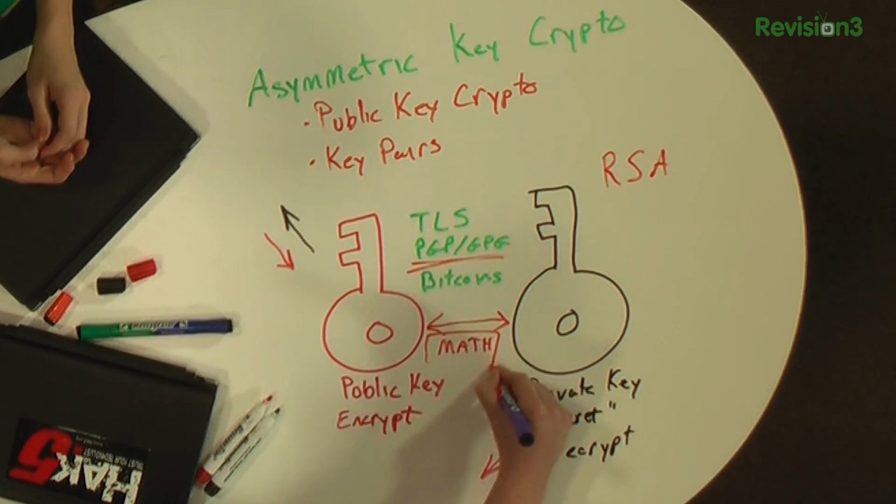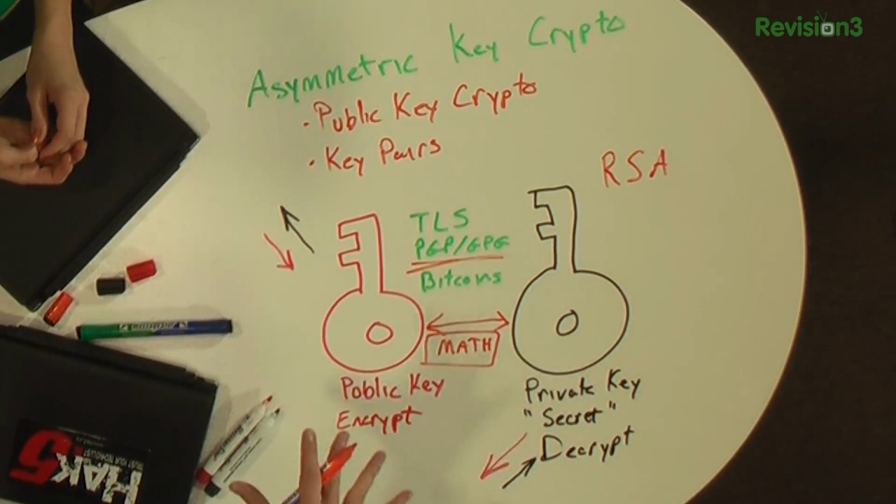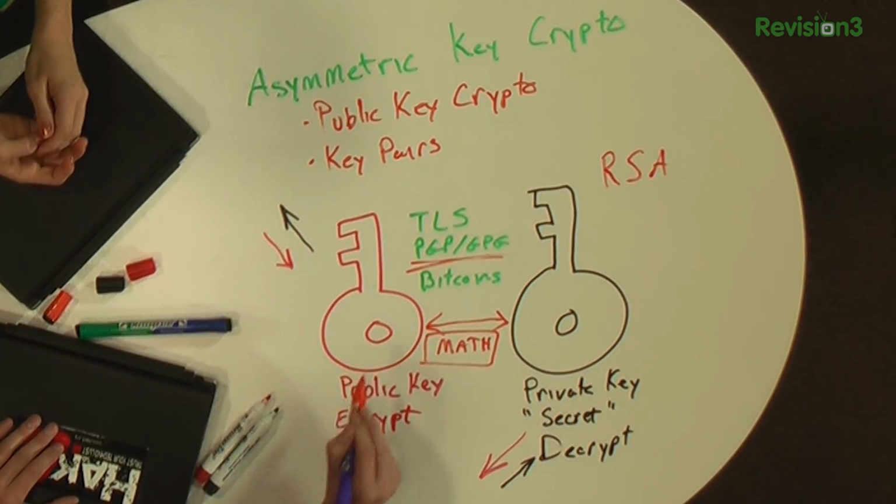Okay. And in this case, and this is the math bit that's very hard, the public key is devised by the product of two large prime numbers, as well as auxiliary values.